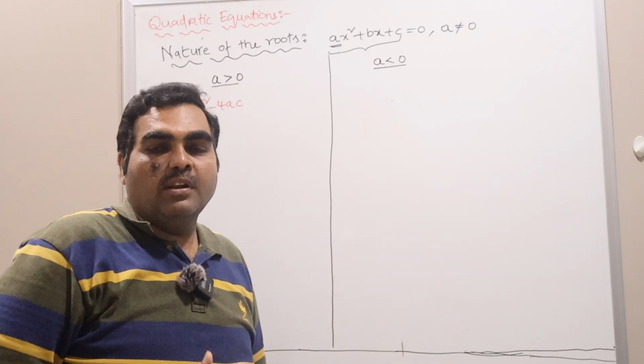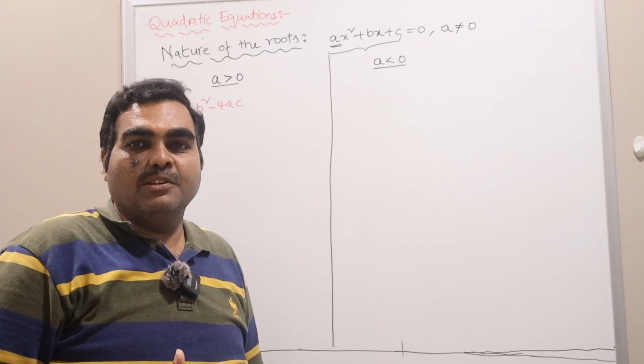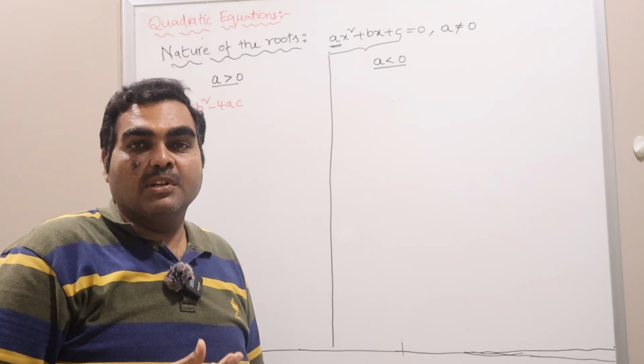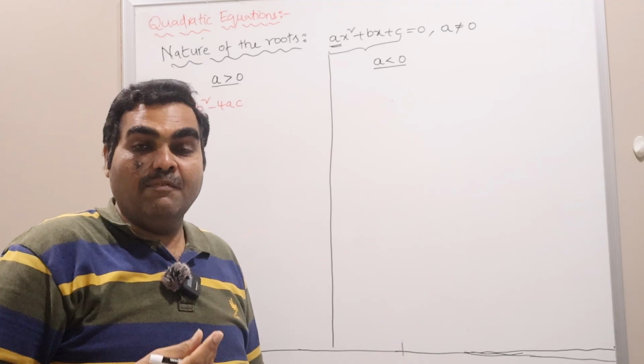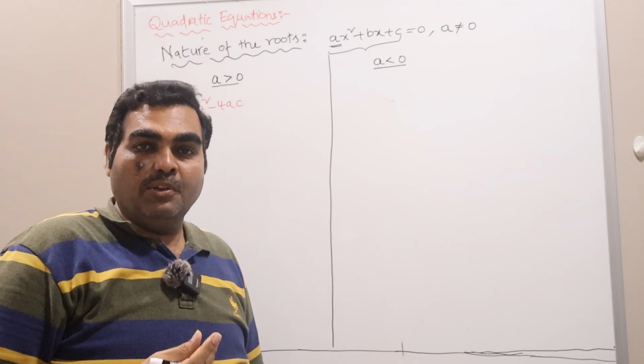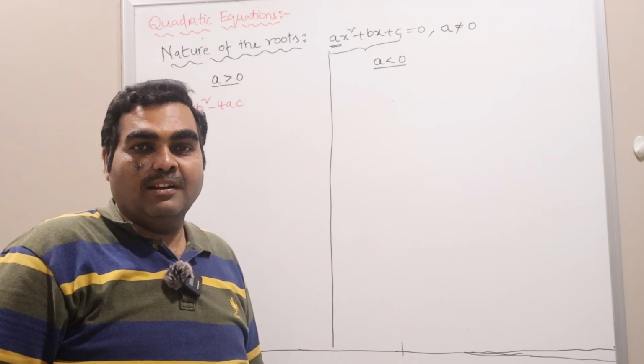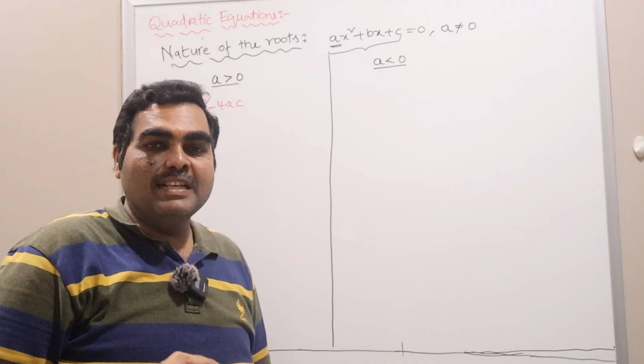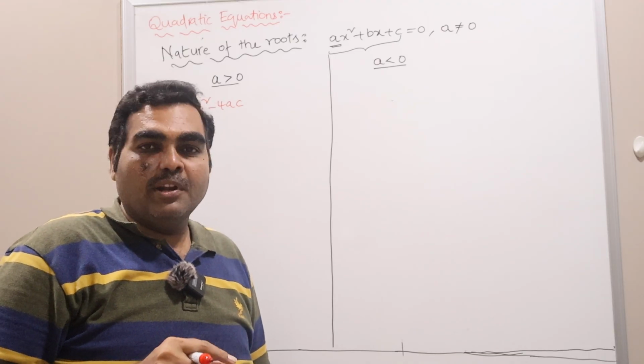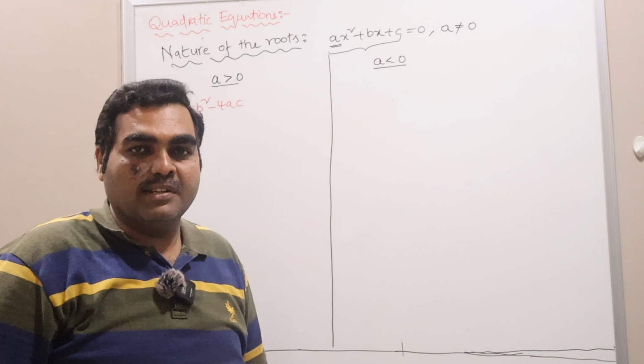So if D is greater than 0, we can say that the roots are real and distinct. If D is equal to 0, the roots are real and equal. If D is less than 0, no real roots exist and the roots are imaginary.